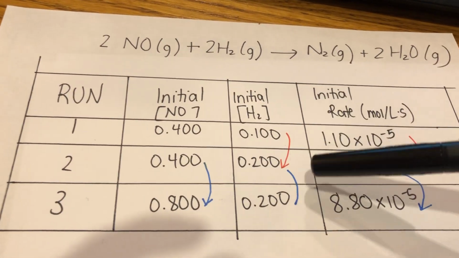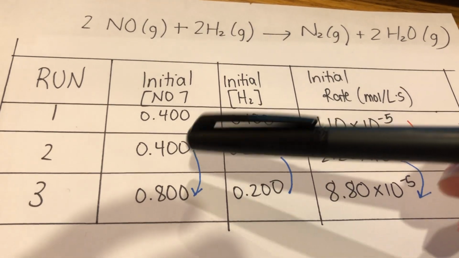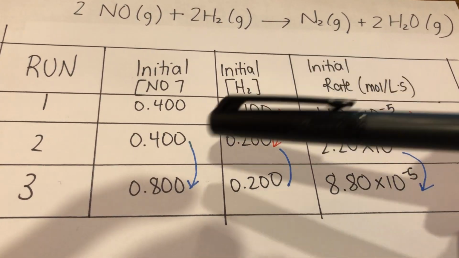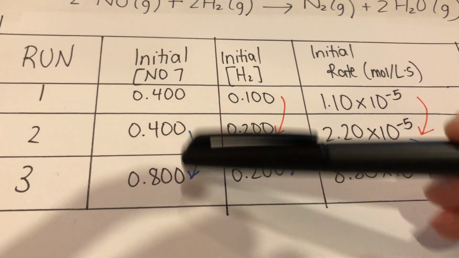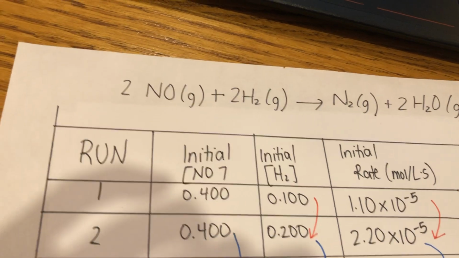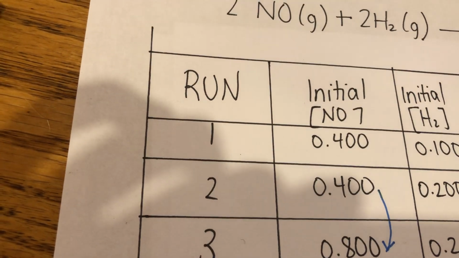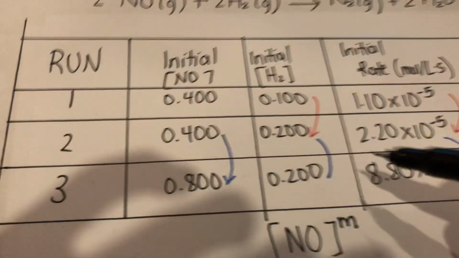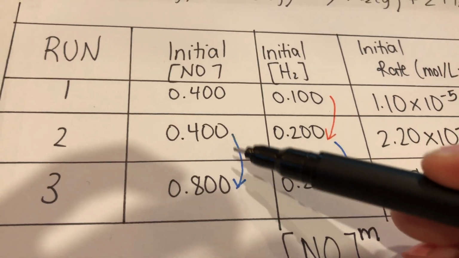When we're trying to find the exponent for NO, you have to make the other one constant and see how this one is changing. So if we're trying to find NO's exponent, we don't know its exponent, okay? You want to make sure H2 is constant and see how NO is changing.